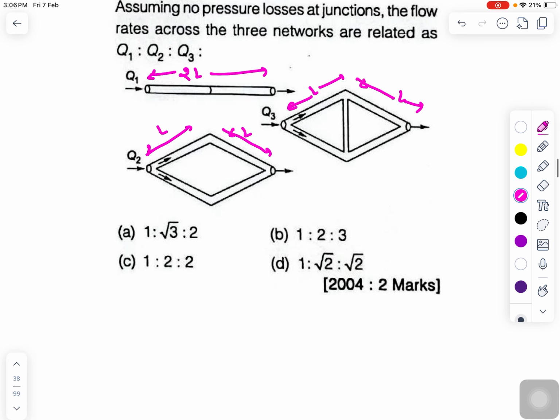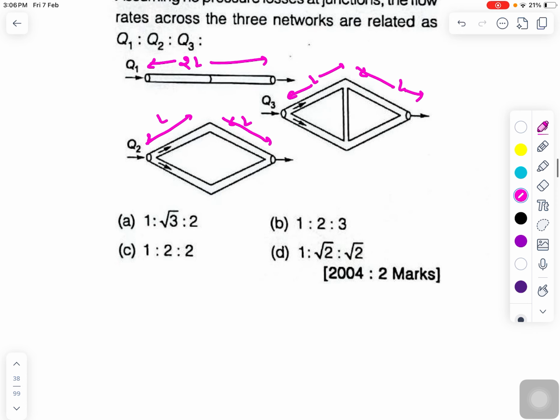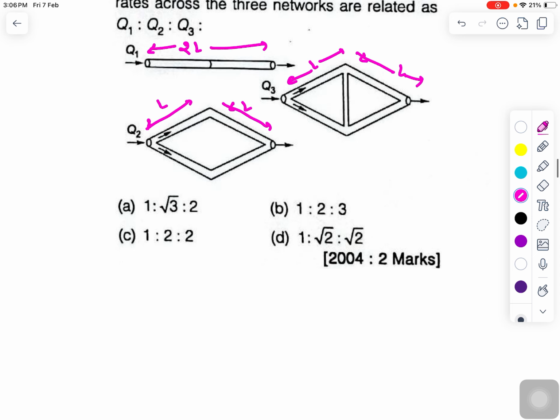So if I tell you about the pressure drop across them, nothing is given here, but if we apply the Hagen-Poiseuille equation, delta P by L is equal to 32 mu U bar L divided by d square, right?